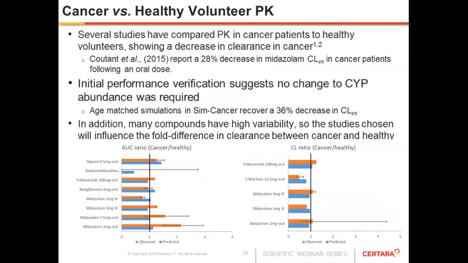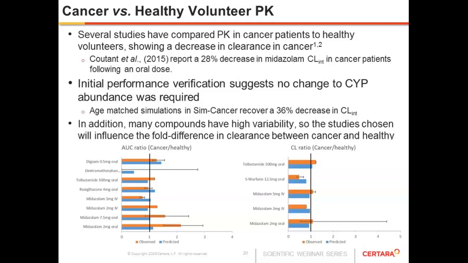Going further, we've obviously done verification of this model in terms of the impact on predictions of probe drugs. One of the interesting things to comment on here, and it's still an issue of debate when looking at cancer populations, is any reduction in intrinsic clearance.